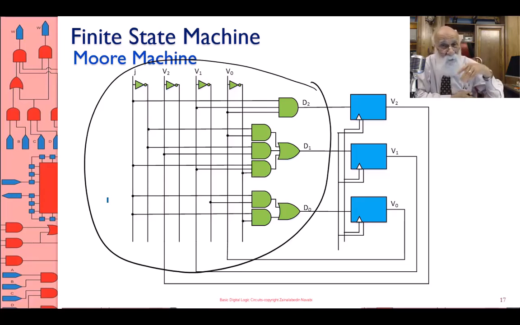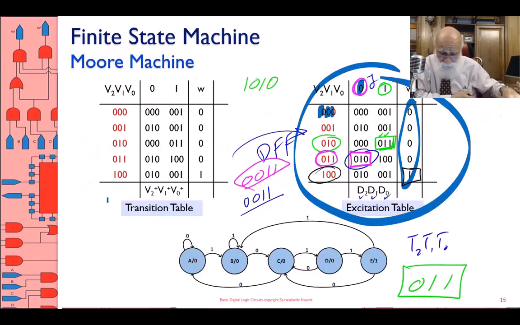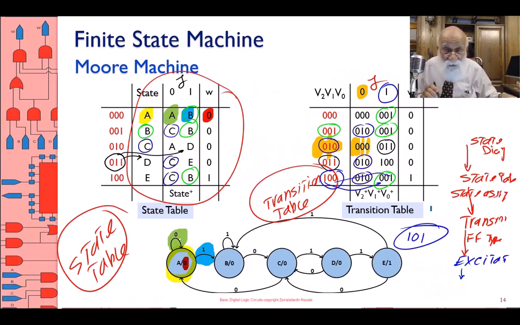But then we left off something, remember? We said that back here, these are the transitions. And then to make our life easy, we said, let's forget about transitions. Let's talk about the excitations of the D flip-flops. What we have come up with are the D inputs.